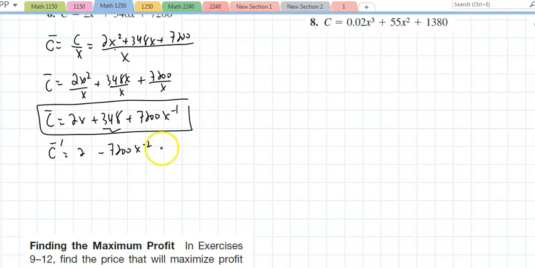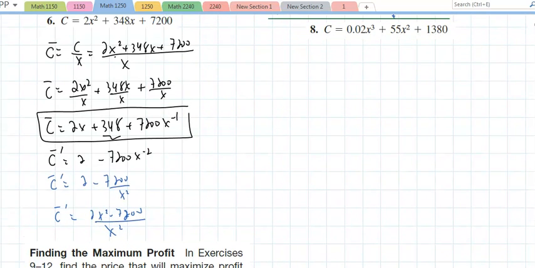Now, if I was you, I'm going to find the critical numbers. I'm going to do the cleaning here, and there's no way around that. That's 2 minus 7200 divided by x squared, which is 2x squared minus 7200 divided by x squared.